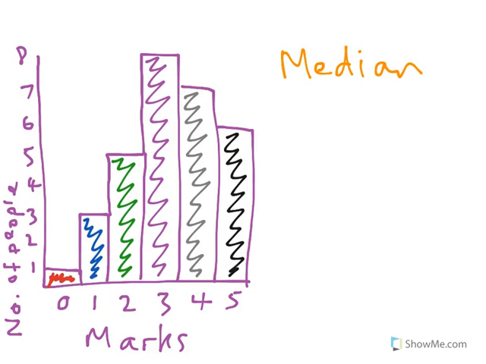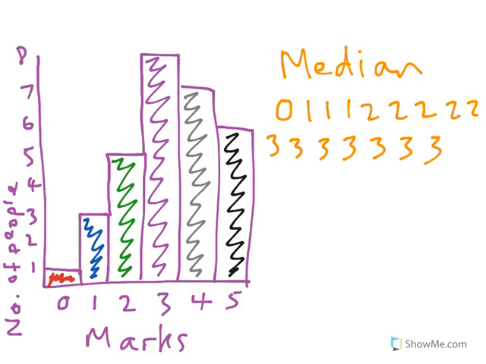Next is median. So remember, median is the middle number, but we must order the numbers first, from smallest to biggest. That means we need to write down 1 zero because one person got 0. 3 people got 1 mark, so we need to write 3 ones down. 5 people got 2. 8 people got 3. 7 people got 4.